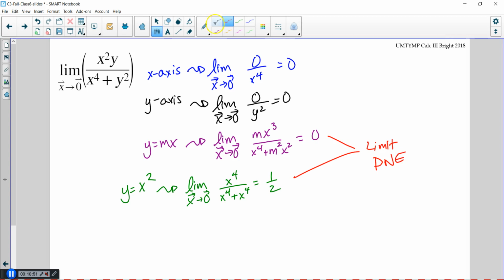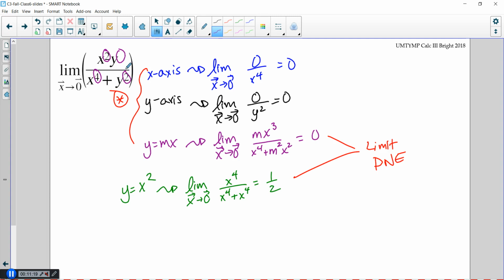Now, you're probably wondering, how in the world do you know which paths to pick? Well, generally, I'm going to tell you, picking these 3 standard ones are really good ideas: x-axis, y-axis, and look along the set of all lines. Generally, those are going to tell you whether or not the limit does not exist. For other things, what I would suggest is look at the powers occurring in your given function.